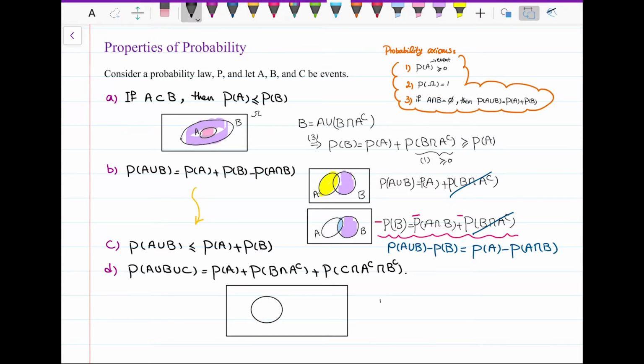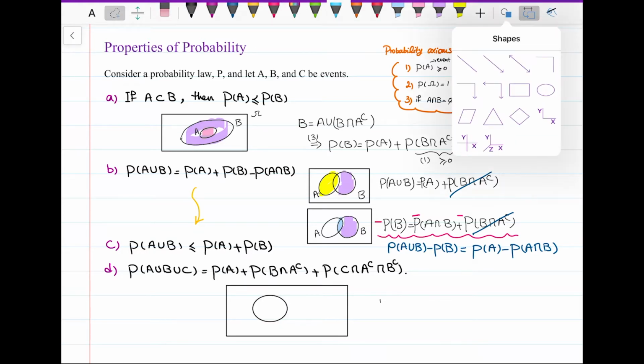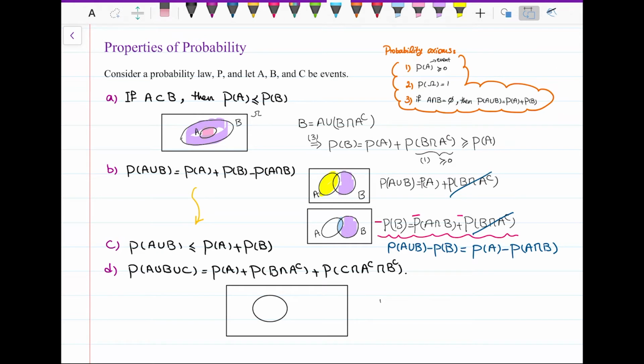Let me have three circles, one, and then let me have two. Let me have another one, and let me have the third one. Great.